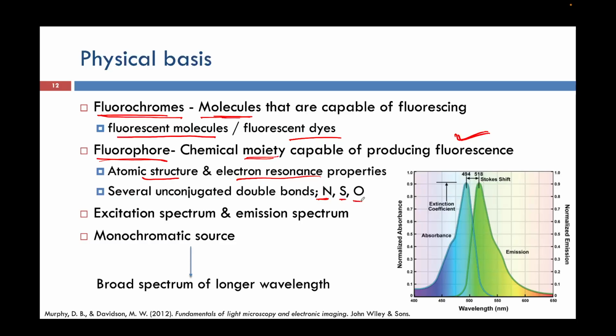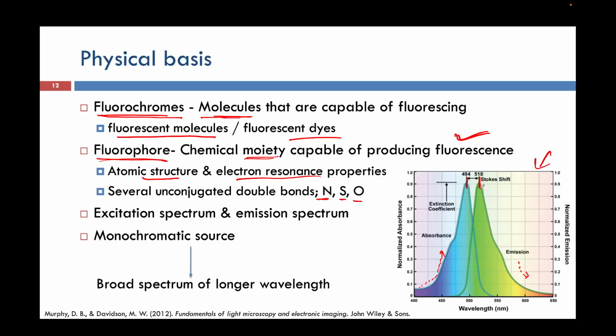Here is an absorption spectrum, this image I have given. Here if you see how the fluorescence occurs, we can see the absorption spectrum, and here the emission spectrum. You can see that there is a difference between the peak of the absorption spectrum and the peak of the emission spectrum.